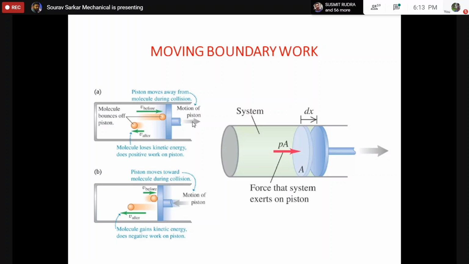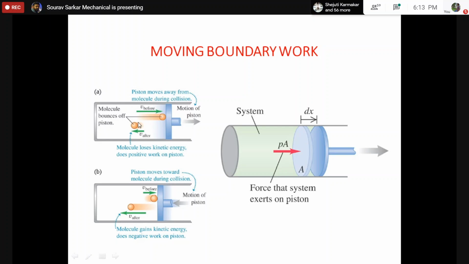Now, initially we have to focus on the simple compressible system. Basically, I'm talking about a piston system. If the gas inside this piston has some molecular kinetic energy, and we apply some heat, the molecular kinetic energy will increase.